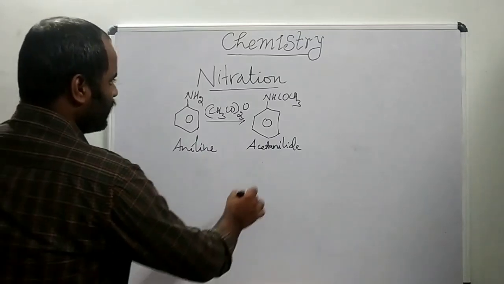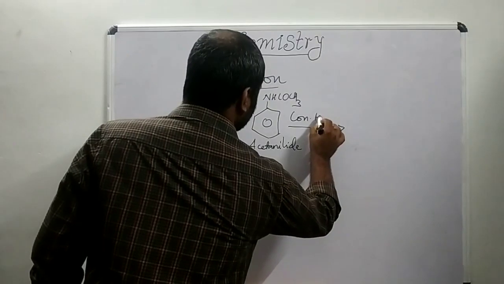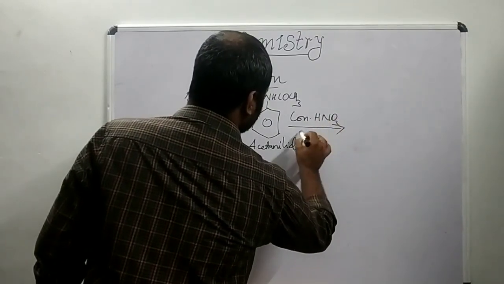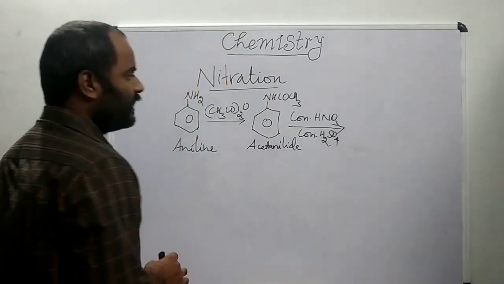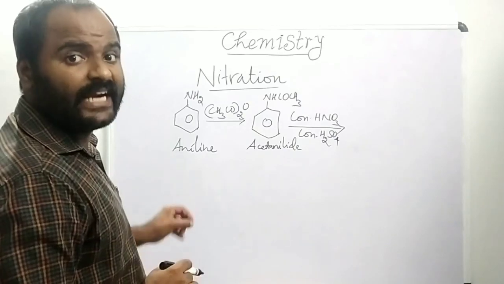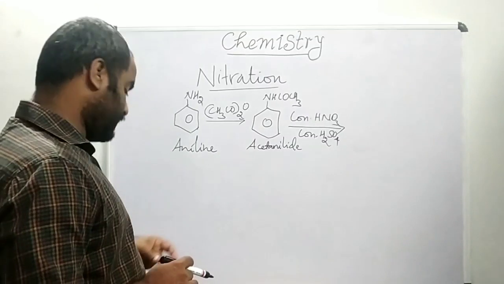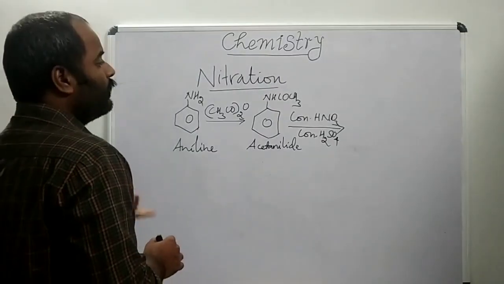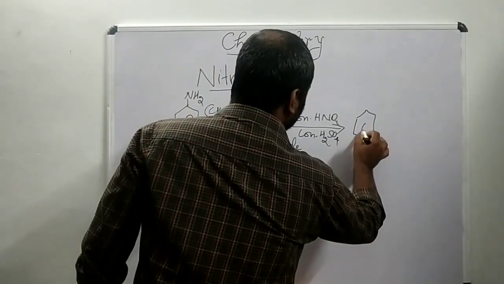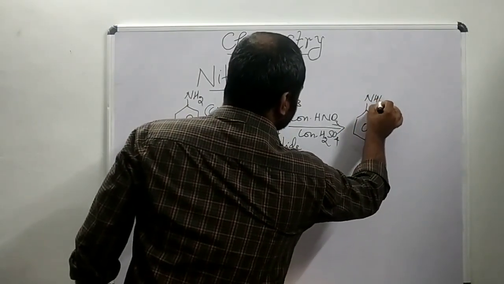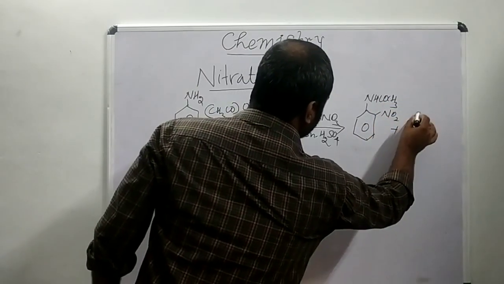Then this acetanilide on nitration, that means reaction with the nitrating mixture, that is concentrated HNO3 and concentrated sulfuric acid, you get ortho-nitroacetanilide and para-nitroacetanilide.